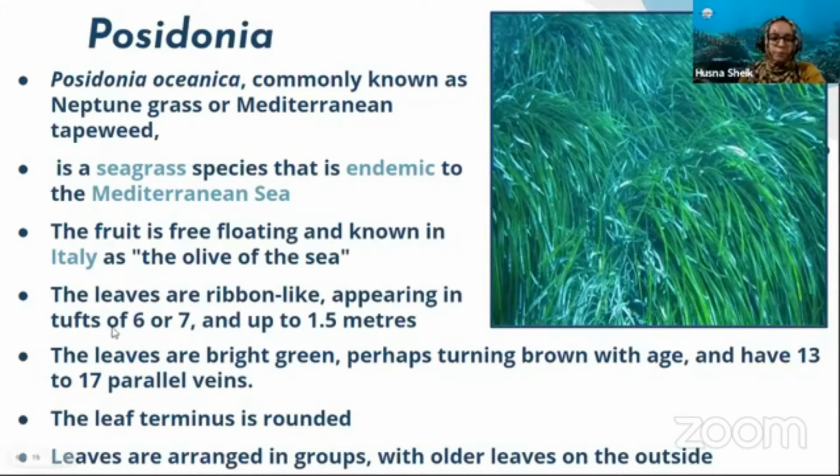Okay, the leaves appear in tufts of 6 or 7, and they're very lengthy, growing up to 1.5 meters. The leaves are bright green, so you can see in the picture how bright the color is, and when they get older with aging, they turn brown.